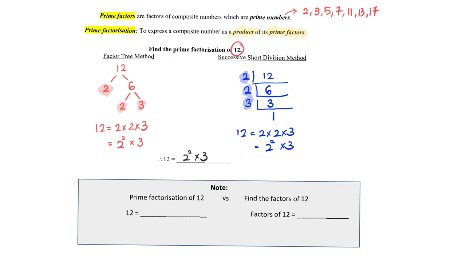So in this case it is 2 power 2 times 3. Whereas, if they talk about factors of 12, there's 1, there's 2, there's 3, there's 4, there's 6, and there's 12. So you see, they're asking for two different things.